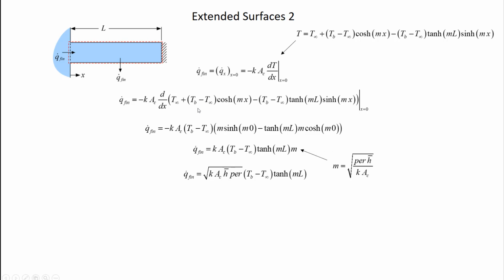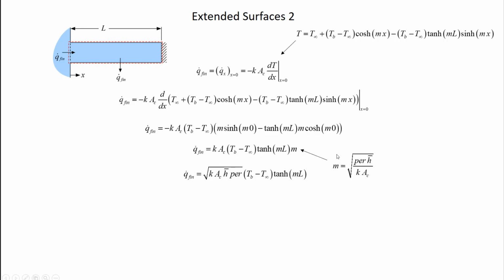And then I have Tb minus T infinity times the cosh of mx, so that would be Tb minus T infinity times m times the sinh of mx, right? Evaluated at x equals 0. And then here I have Tb minus T infinity times the hyperbolic tangent of m times L, and then sinh becomes m times cosh, right? And the sinh at 0 is 0, so this whole term goes away. The cosh of 0 is 1, so this becomes what I've got right here.